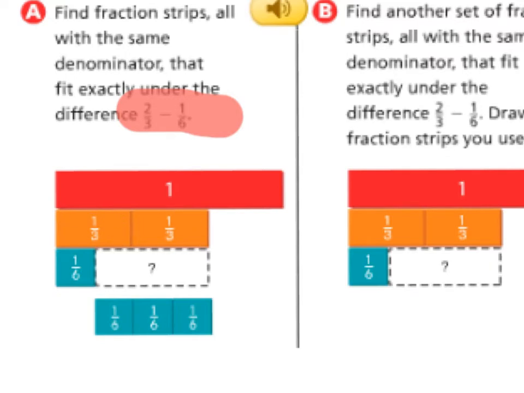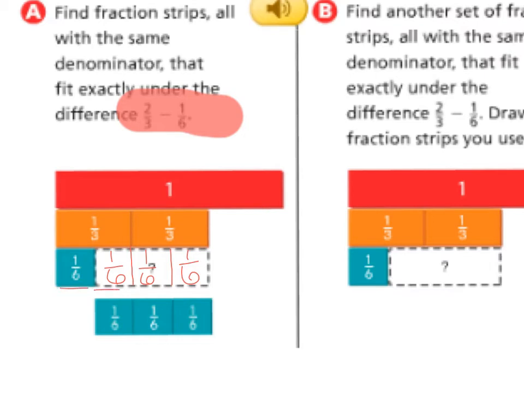So I'm looking at my fraction blocks here. 2/3 is represented right here by these little orange blocks. I'm going to try to find how many 1/6 blocks make up the same amount as 2/3, because then that means that it'll be an equivalent fraction. So let's see how many 1/6 blocks I can fit in here. I could probably fit another one here. So I have 3 and 4. Alright, so I'm looking here.